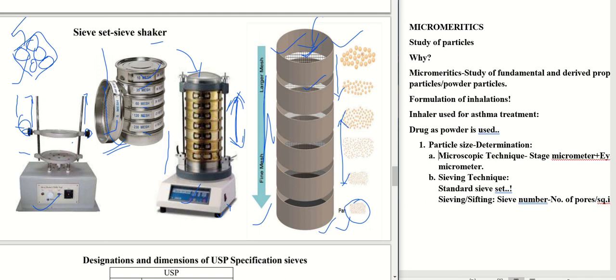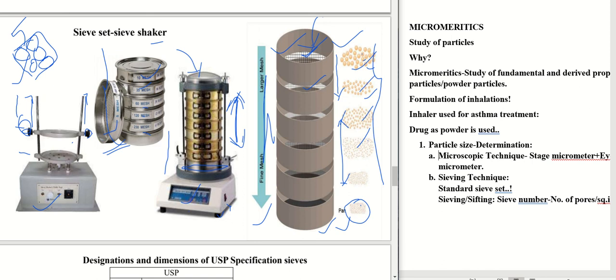At the bottom we place a pan where the bottom layer is collected. At the end of 20 minutes, we will be able to separate the powder sample based on particle sizes. The top mesh will have the greatest particle sizes, and the second mesh the second largest. Likewise, we can separate the given powder sample according to their sizes.